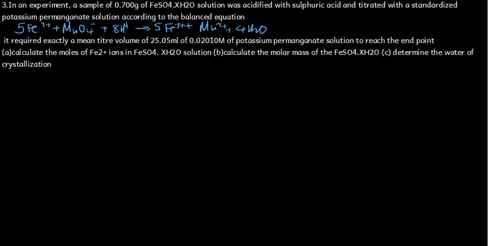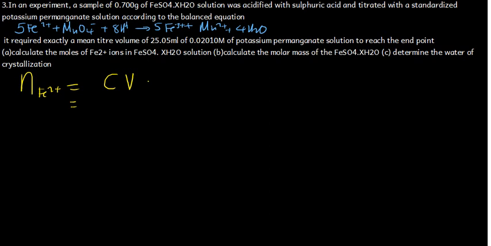Okay, so the number of moles of iron 2+ in that solution should be equal to the concentration times the volume. Now let's look at what information has been given here.